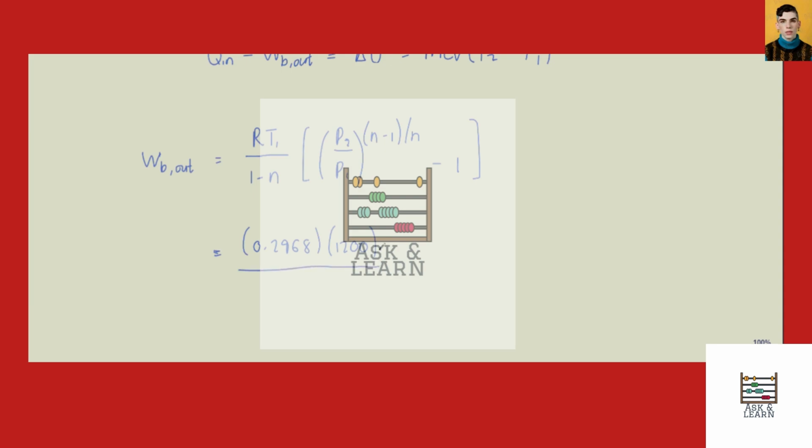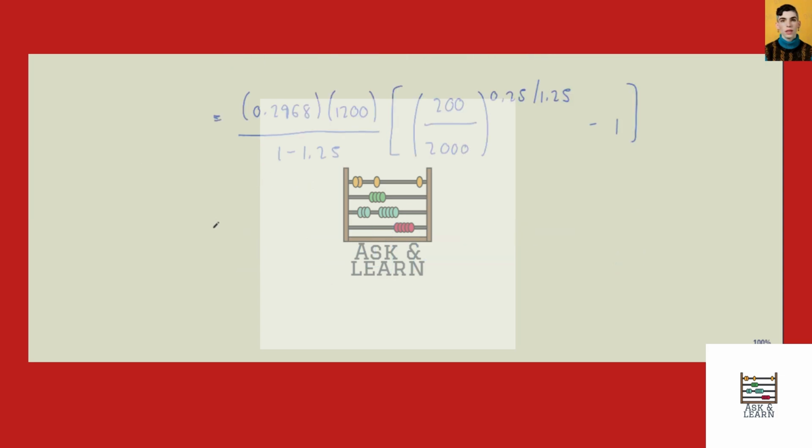This is over 1 minus n, which is 1 minus 1.25. And this is all multiplied by P2, which is 200, over P1, which is 2000 kilopascals. And this is to the power 0.25 divided by 1.25. And that's minus 1.